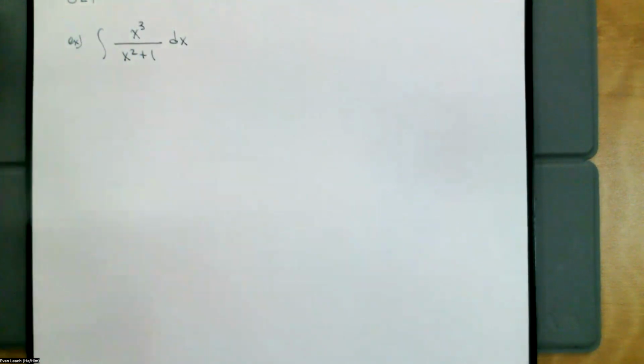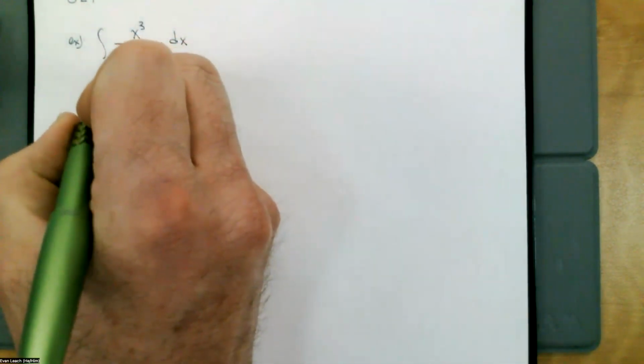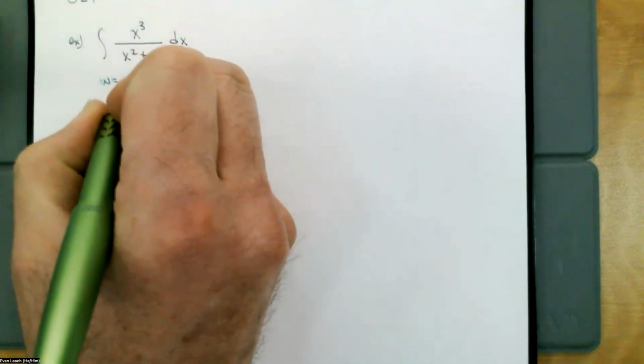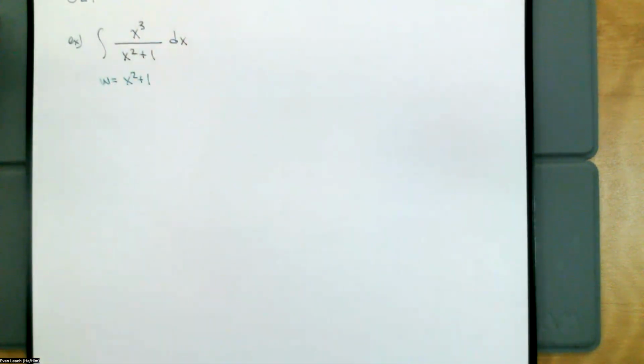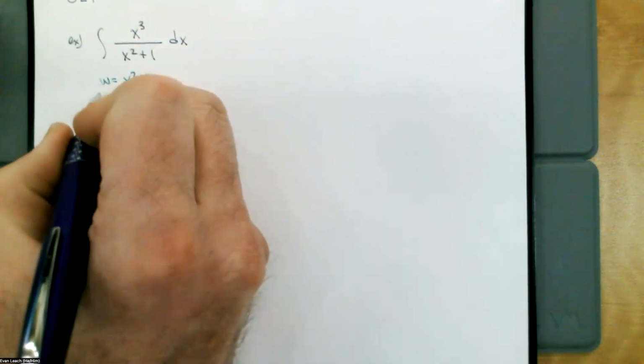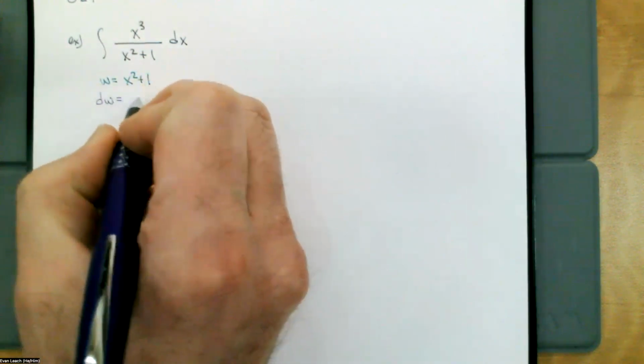That was our question. If I want w to be x squared plus 1, then I need dw of 2x dx.